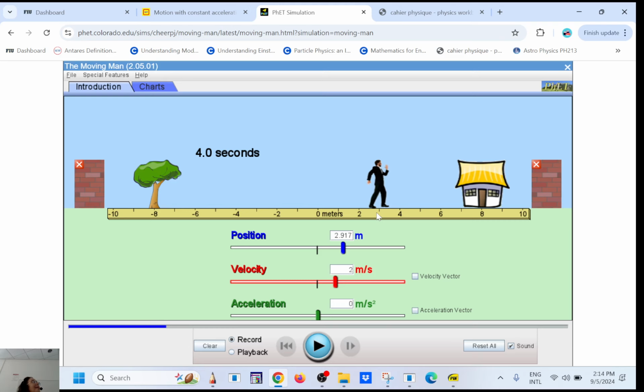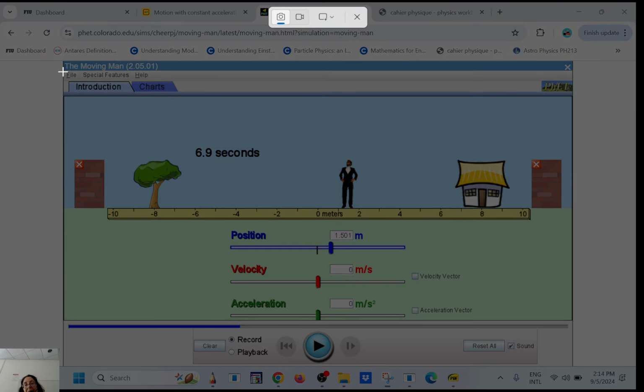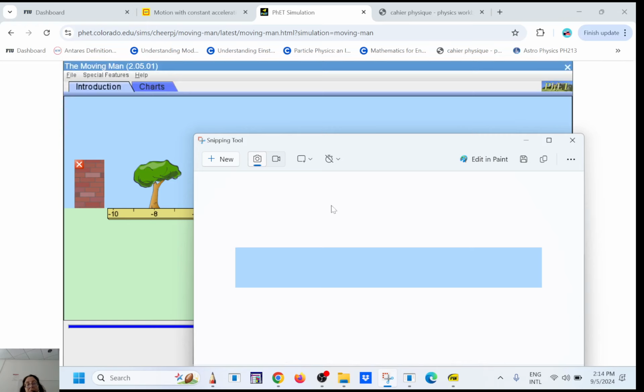In that case, the equation was final position equals initial position, -5, plus 2 times t. So if t equals 4 seconds, the final position is 3 on the number line. Okay?